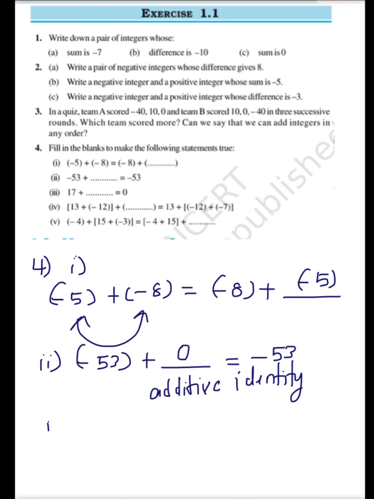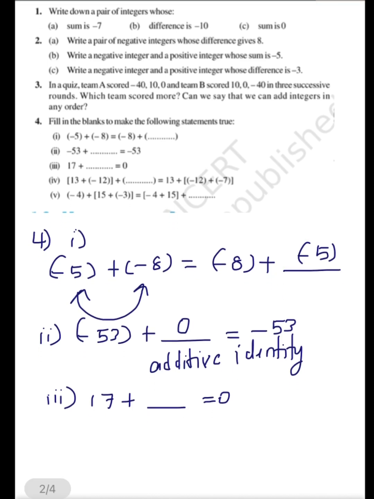Now let's see the third question: 17 plus dash equals 0. We know that 17 plus minus 17 equals 0.